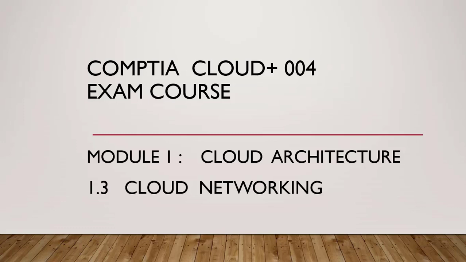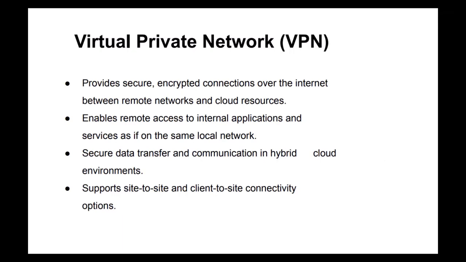Let's begin. We're going to begin our discussion of cloud networking with VPN, Virtual Private Network. VPN is a common technology that we use that allows remote users to have secure encrypted connections to private internal data in a cloud environment.